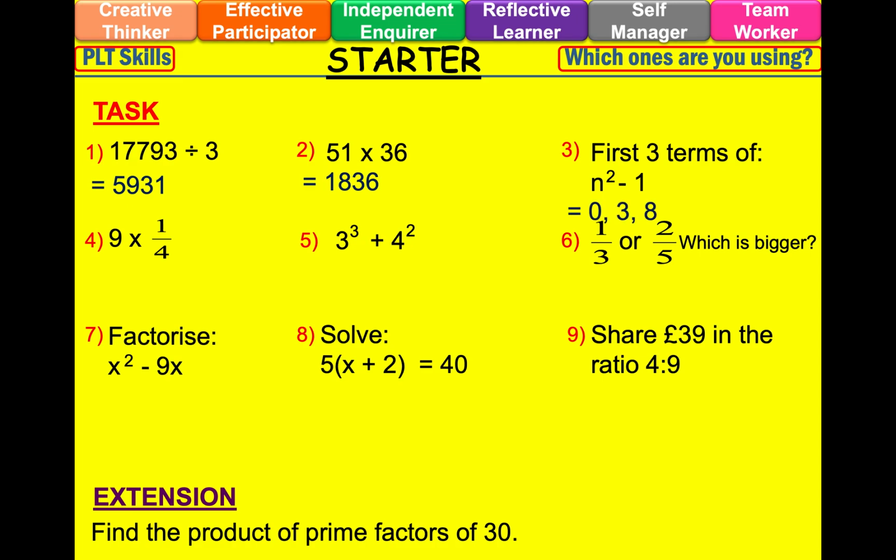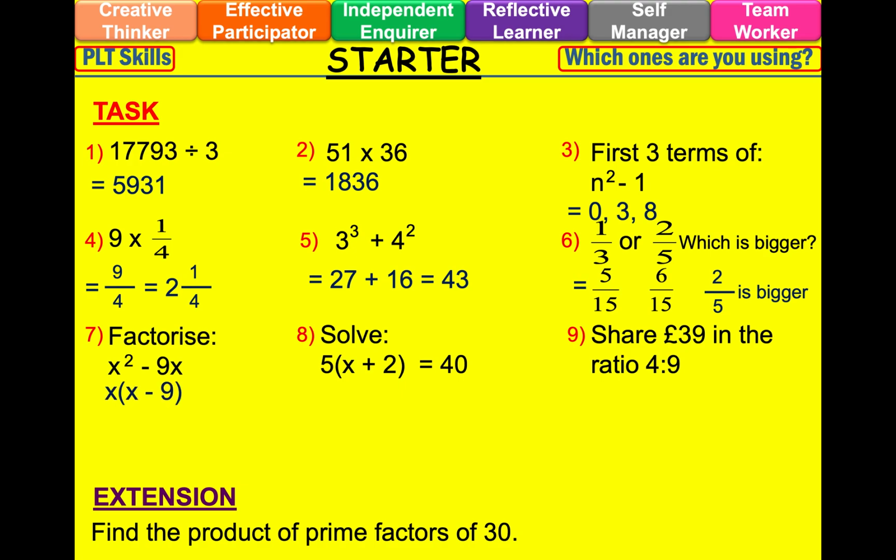Okay. So 5x plus 10 gives you 40 and you have to balance the equation out. So 5x equals 30 because you're taking 40 minus 10, which gives you 30, and to work out x you do 30 divided by 5, which gives you 6.